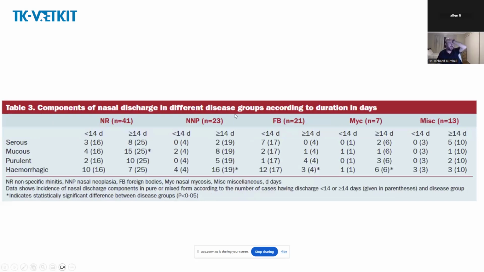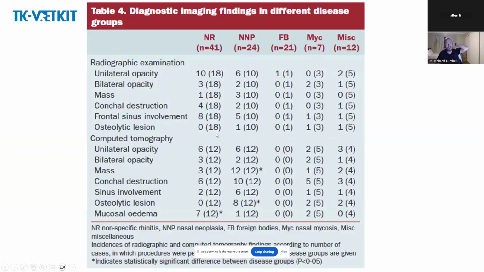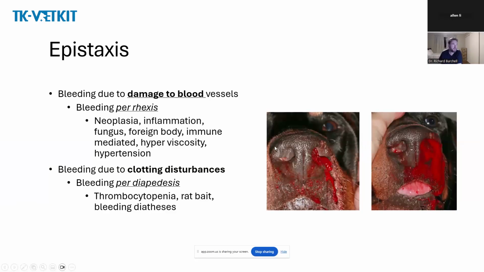And then if we look at some of the diagnostic imaging findings, the only things that were statistically significant were if there was a mass in the nose, or an osteolytic lesion. So in other words, bone destruction was more likely to be consistent with cancer.